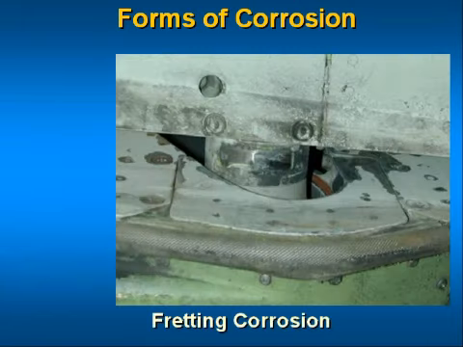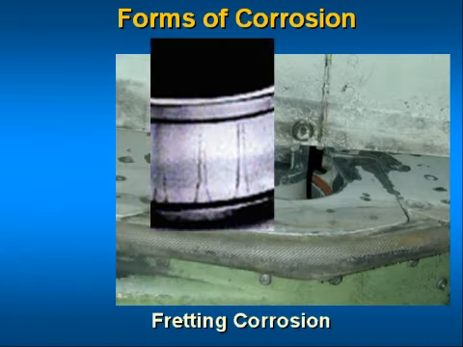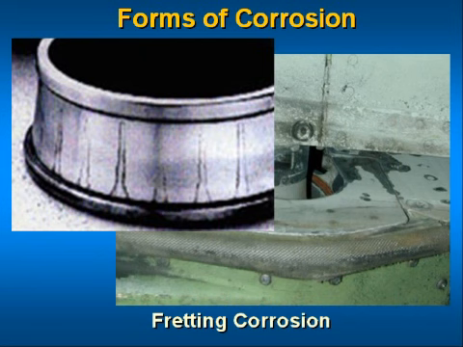Fretting corrosion. The rapid corrosion that occurs at the interface between contacting highly loaded metal surfaces when subjected to slight vibratory motion. This type of corrosion is most common in bearing surfaces in machinery such as connecting rods, spline shafts, and bearing supports, and often causes a fatigue failure.